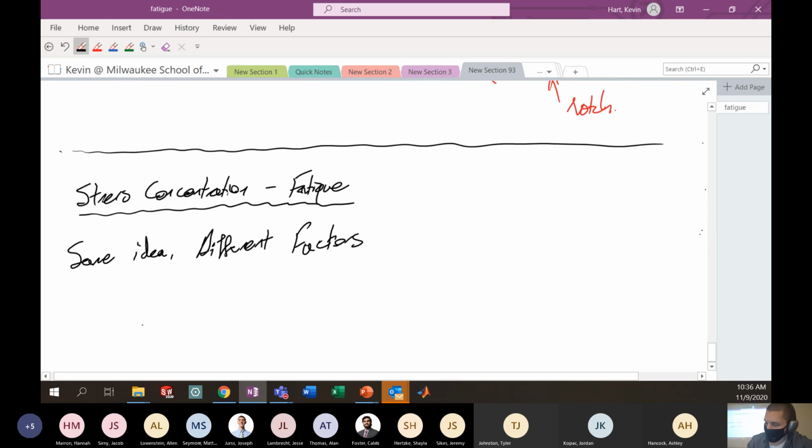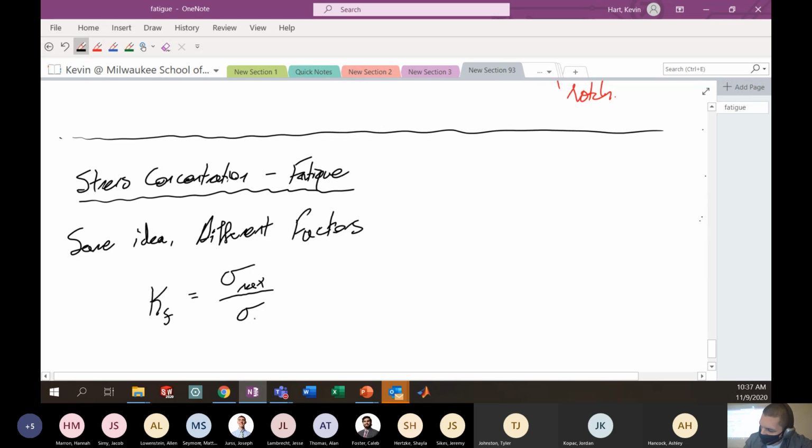Mathematically, we don't use KT anymore. We use KF. And the idea is still the same: the max stress divided by the far field stress. Actually, this is going to be the max divided by the amplitude of the stress, applied far field.